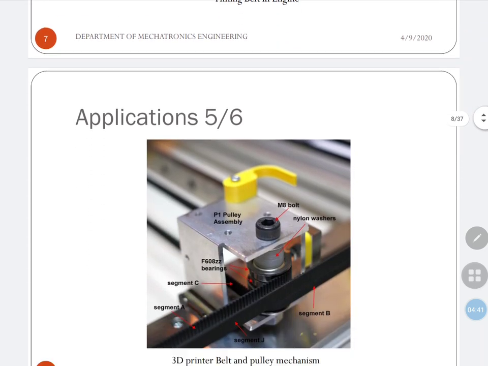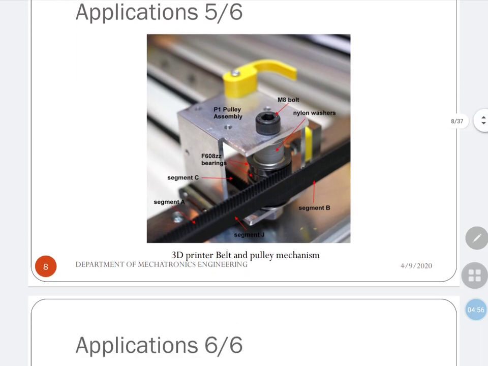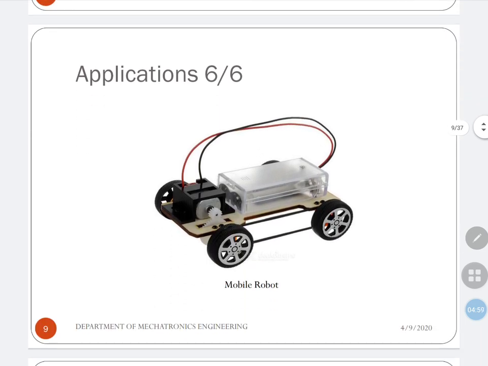Then the next application is the 3D printer. The 3D printer is a mechatronics application. Here you can see a pulley which is connected by a belt. Actually there will be three pulleys for X, Y, and Z directions. The next one is a mobile robot.